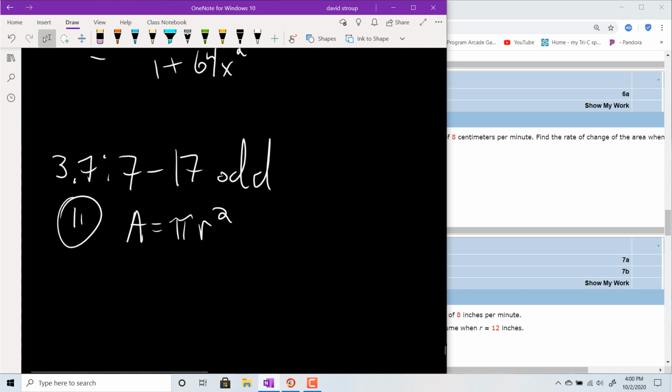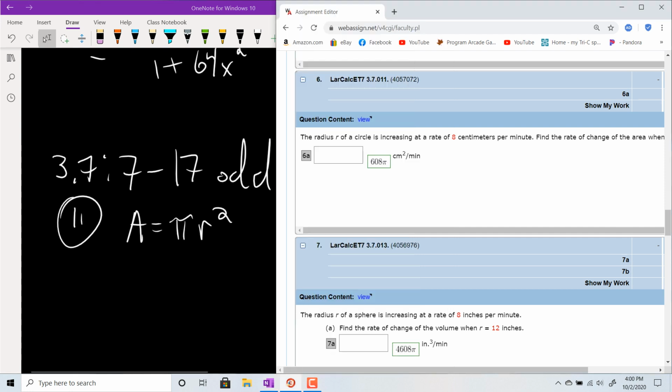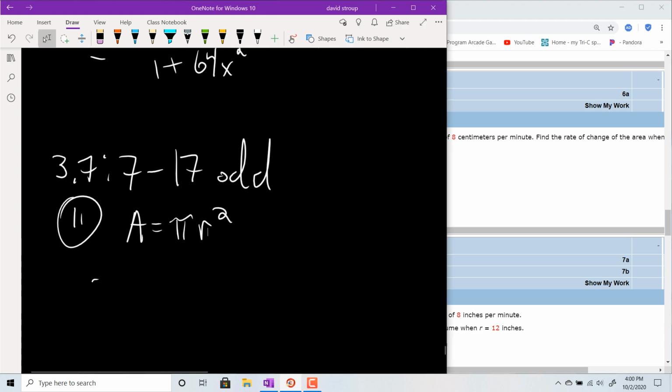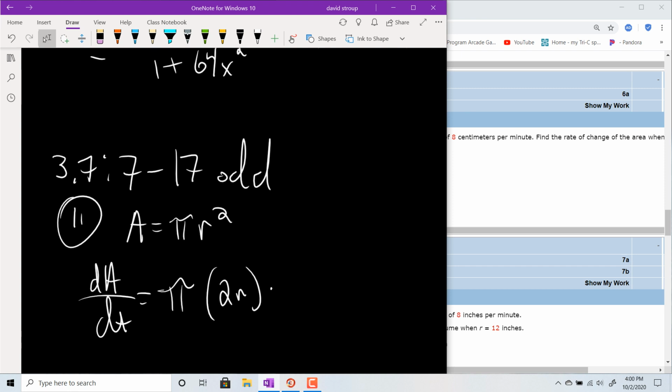Okay. On the test, the one that I picked actually has the equation given, so don't worry about it. Implicitly differentiate, so I'll have dA over dt equals, leave pi alone, the derivative of r squared is 2r. r is supposed to be a function of t, so you also have to include the derivative of r with respect to t.